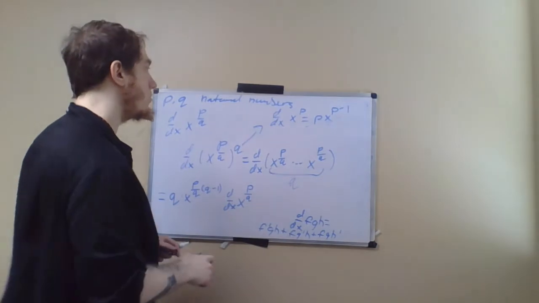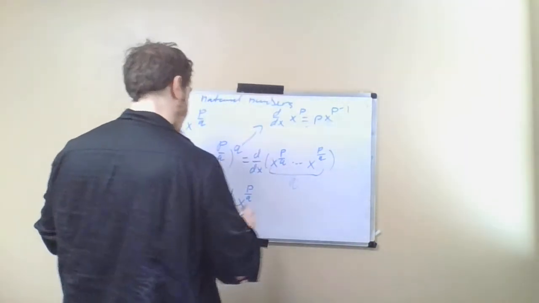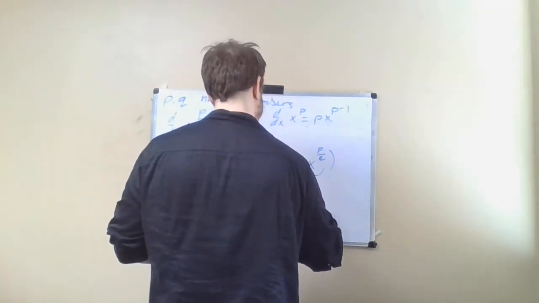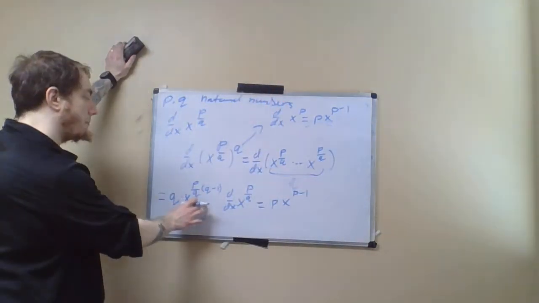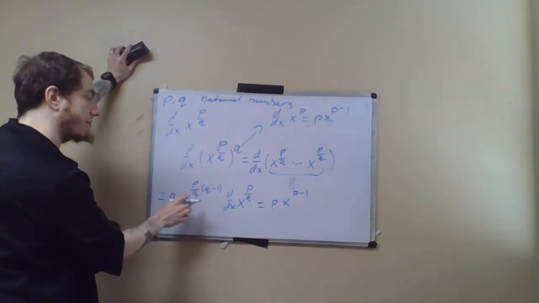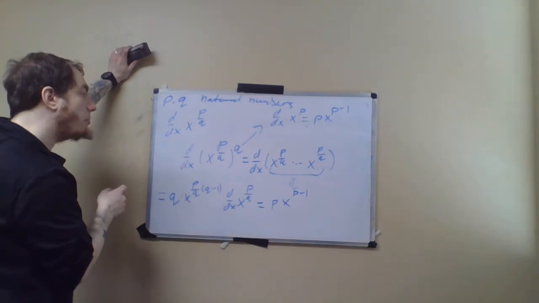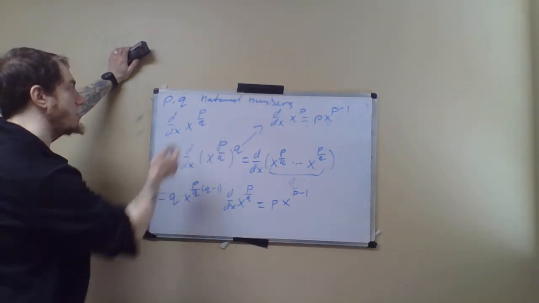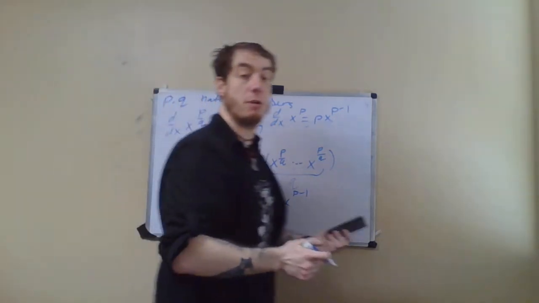And then we can say, okay, but these derivatives have got to be equal to one another, and therefore this must be equal to p times x to the p minus 1. And now just divide both sides of the equation by q times x to the p over q to the q minus 1. And what you will end up with here is exactly what we said. You end up just multiplying by p over q, and you reduce the exponent by 1.